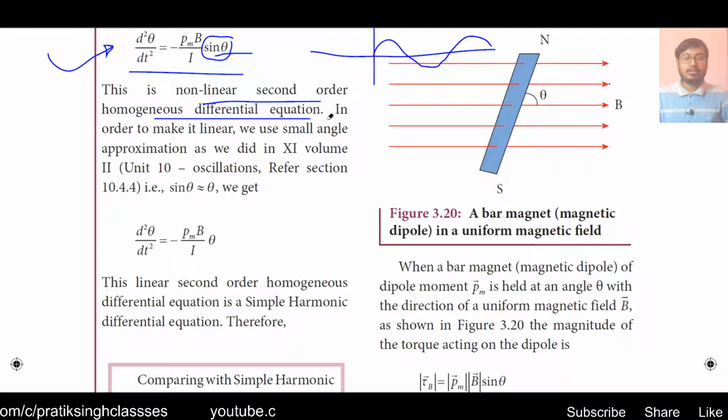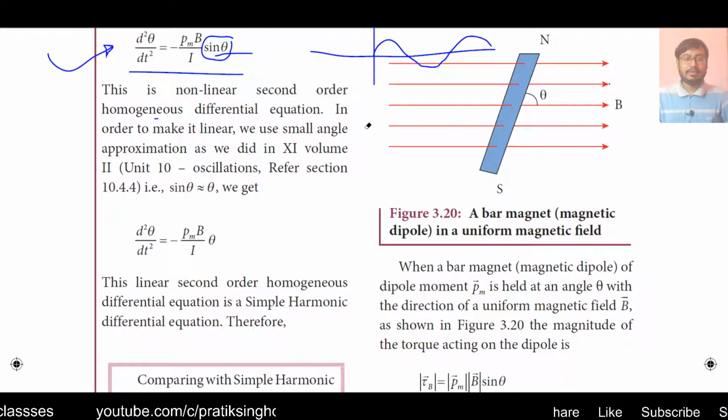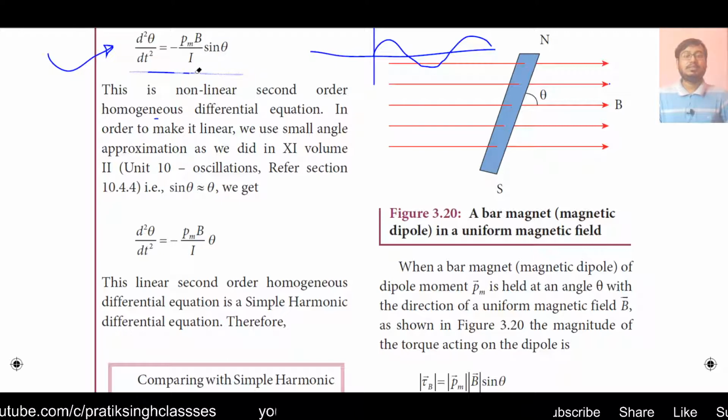In order to make it linear, we use the small angle approximation as we have done in standard 11th. Here sinθ is kept as small as possible, so in that situation this equation will become linear.